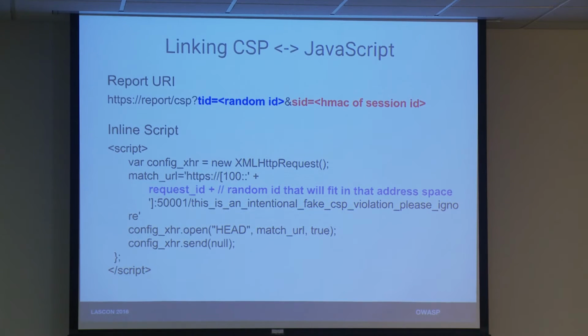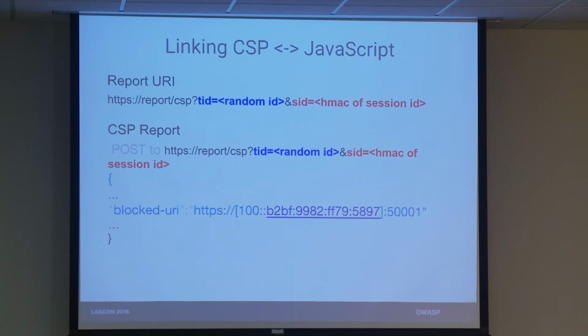What's going to happen is now the JavaScript has this request ID that can submit additional events to our listener with that request ID. And we have a CSP report, which has both the transaction ID and session ID, as well as that blocked URI with our request ID.